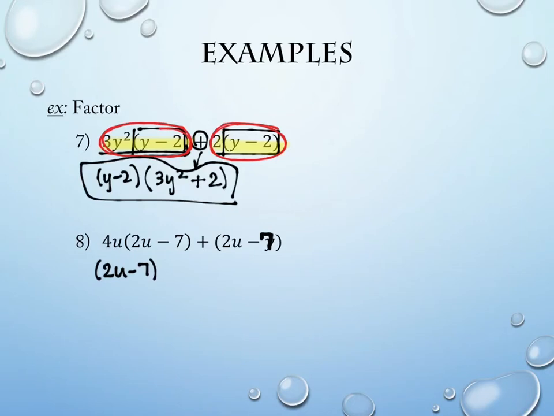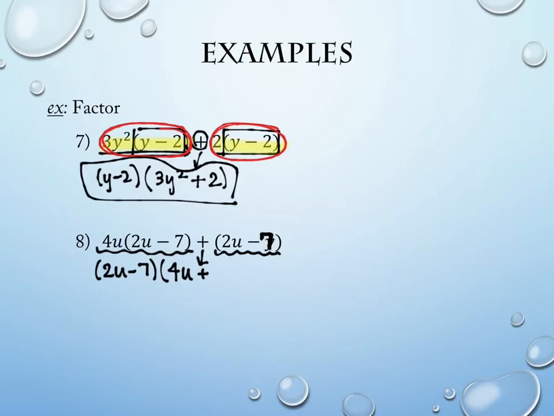So if I take a 2u minus 7 out of the first term, what am I left with? 4u and a plus sign. And if I take a 2u minus 7 out of the second term, what am I left with? I'm left with 1. It looks like it's nothing. I've taken everything out. But remember, when I'm taking things out, I'm dividing.